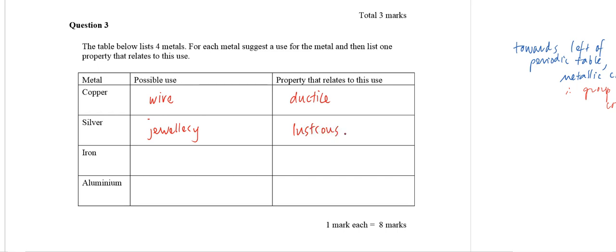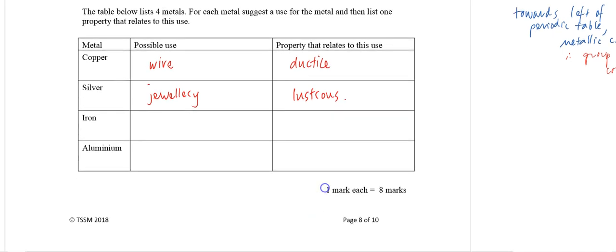Jewelry, silver and gold, they're both blingy metals. Very shiny. Iron is used in tools, and the reason why we use iron in tools is because it's pretty hard.